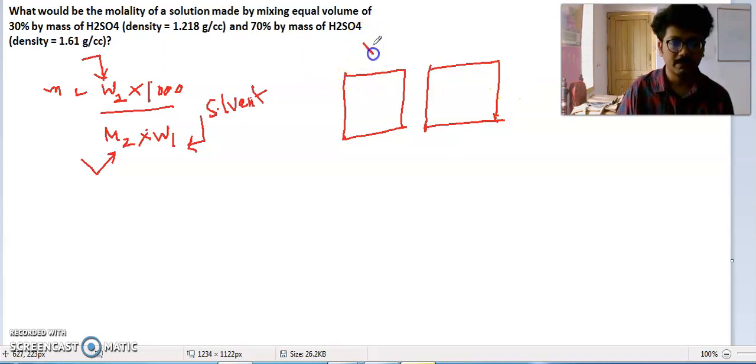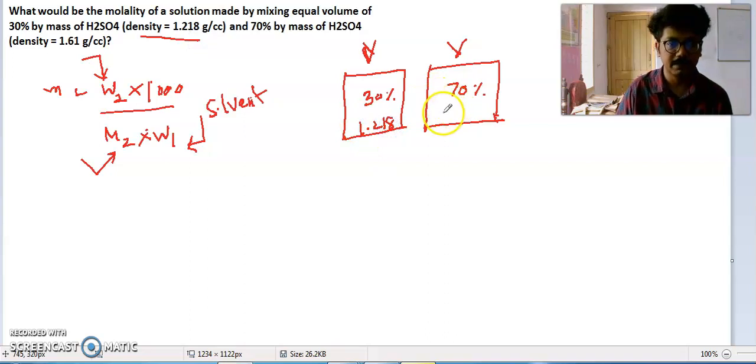Equal volume: if the volume of this is V, the volume of this is also V. So equal volumes of both solutions are added. What is this solution? It's a 30% solution by mass of H2SO4 and this is a 70% solution by mass of H2SO4. But the more critical thing here is the density is not 1. What is it?